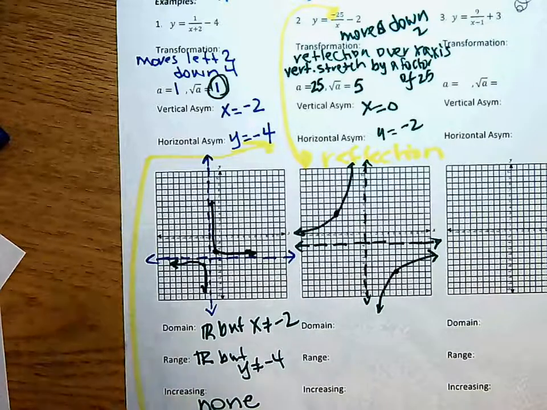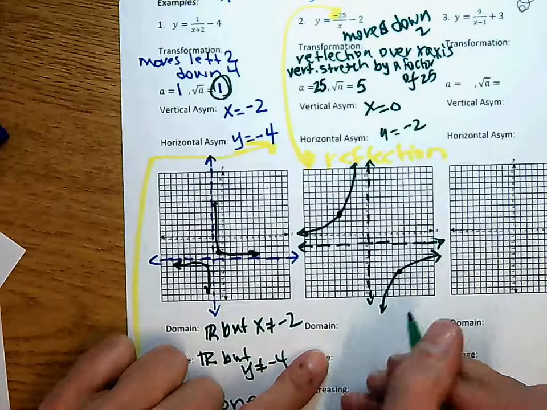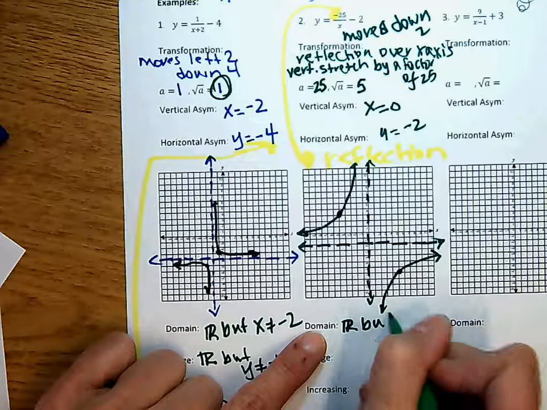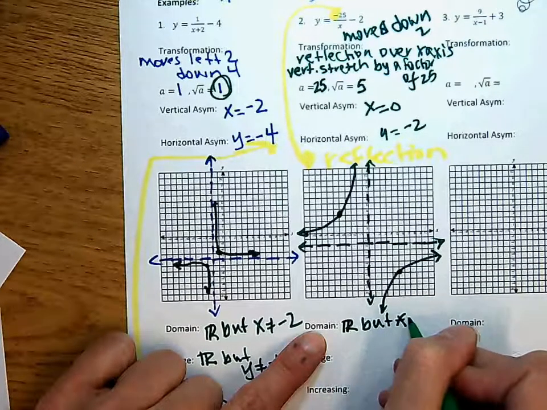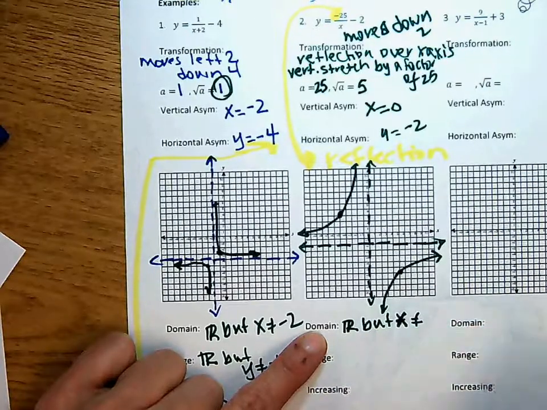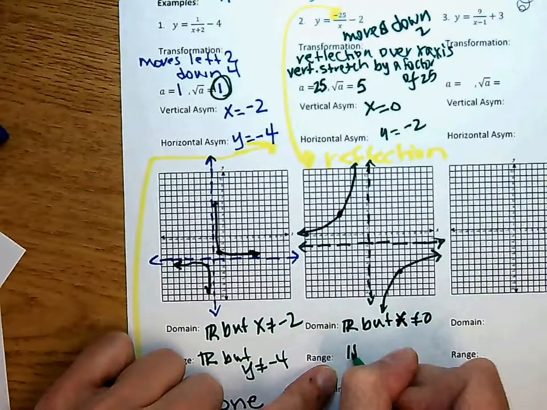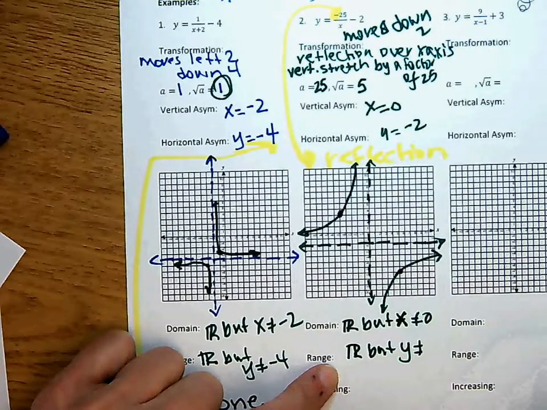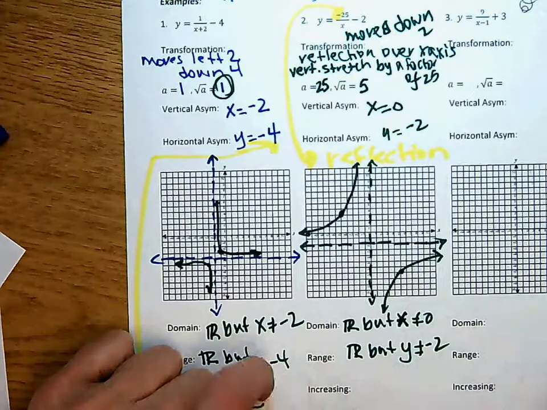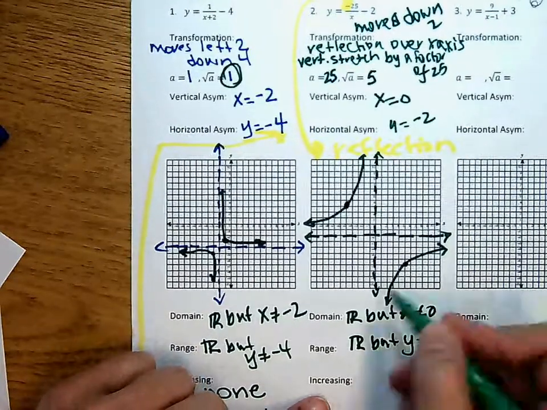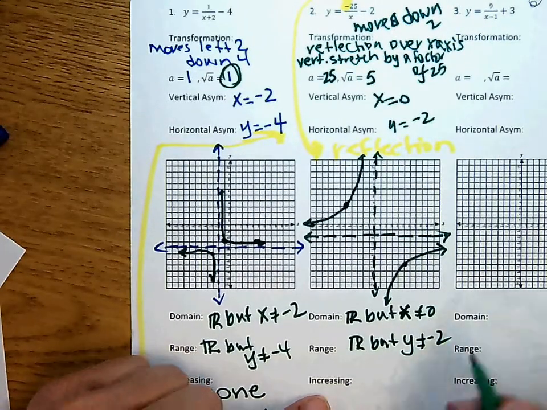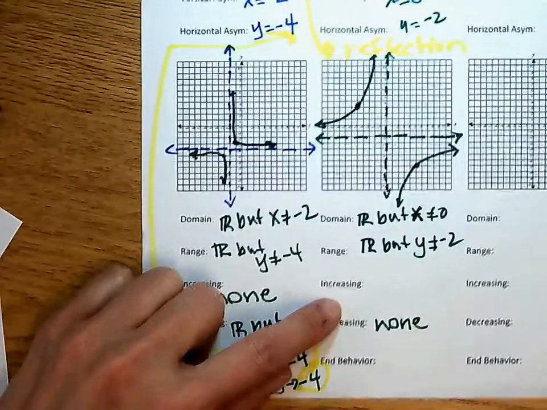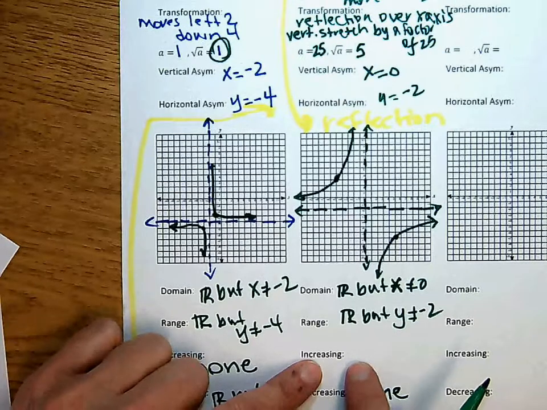So now what about your domain? Are real, but x cannot equal 0. Range all reals, but y cannot equal negative 2. Use your asymptotes. So now this guy's increasing the whole way, so there's no decreasing intervals, and it's increasing where?